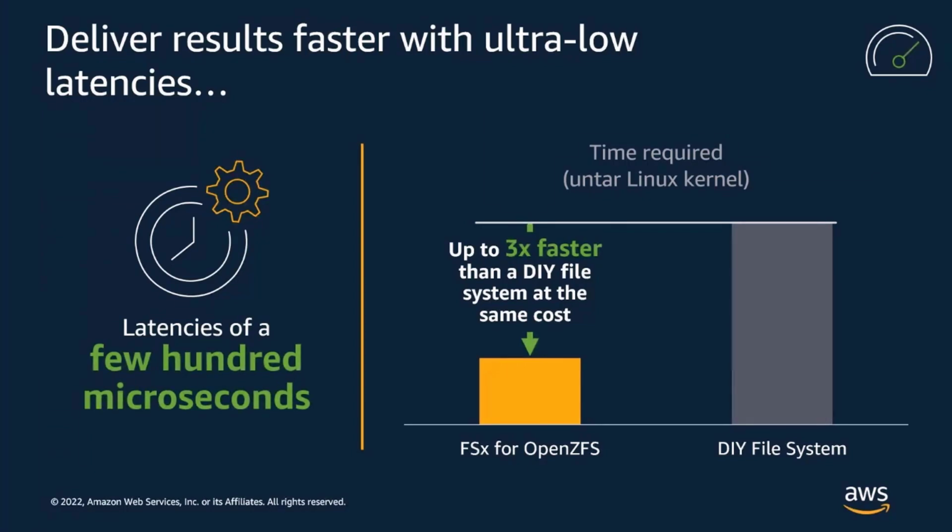Not only are these latencies almost an order of magnitude better than what you can get from other cloud providers, when you look at the performance that this delivers compared to a do-it-yourself, self-managed file system that you would have to manually set up, manually configure, and manage on an ongoing basis, we can deliver the same result 3 times faster at the same cost of your do-it-yourself file server.